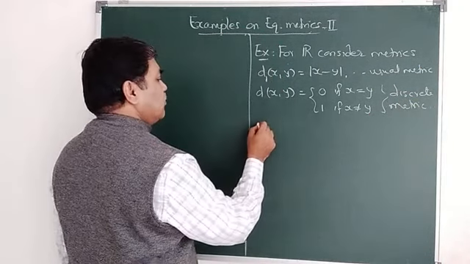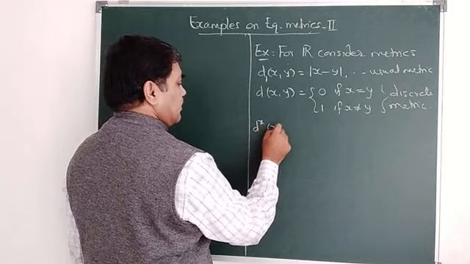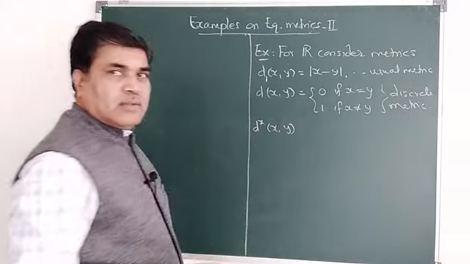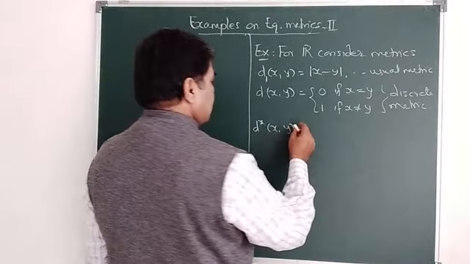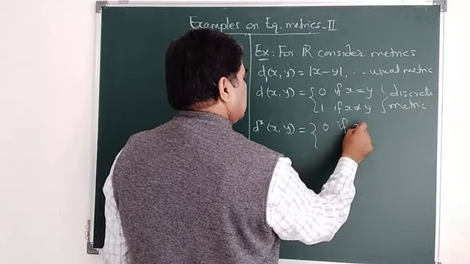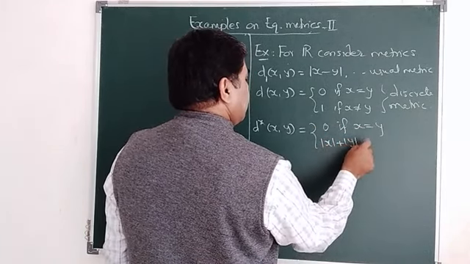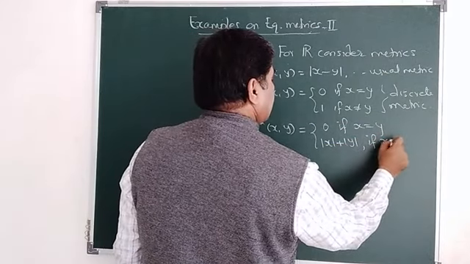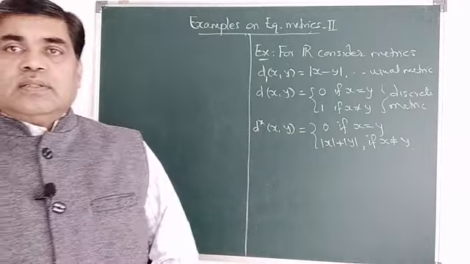And I am taking one more, d star of x, y, which is equal to 0 if x is equal to y, and mod x plus mod y if x is not equal to y.